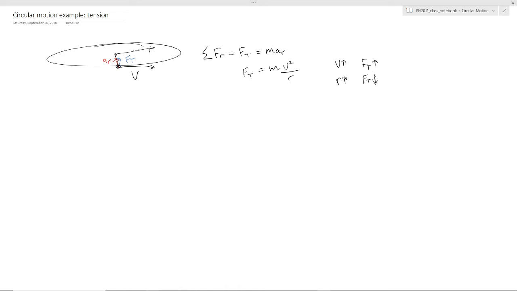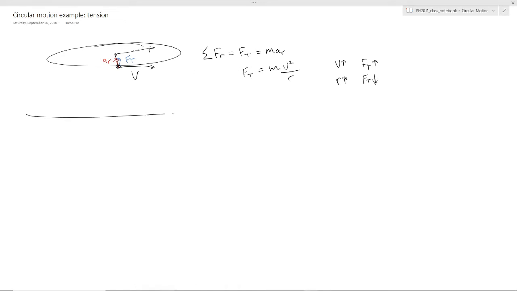So this is basically the simplest situation that we can think about in terms of a tension problem, but it gives us an opportunity to look at how this behaves. And it's an example that we can play around with at home. We can tie something to the end of a string and whip it around and get a feel for these ideas. Let's look at a problem that's a little more interesting, a little more substantial.